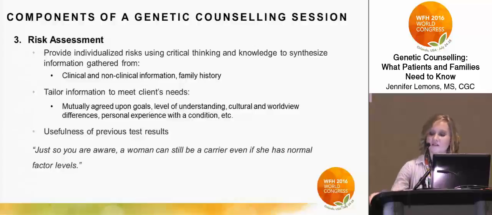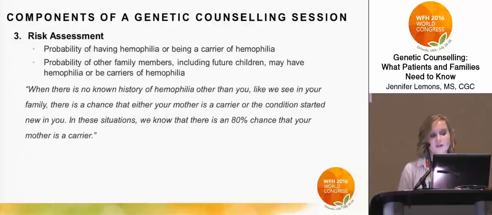So some of the information that you can provide in the risk assessment, of course, is maybe the usefulness of previous tests. So if they mention somewhere about having factor level testing, just so you're aware, a woman can still be a carrier even if she has normal factor levels. Or maybe the probability of having hemophilia or having children with hemophilia.